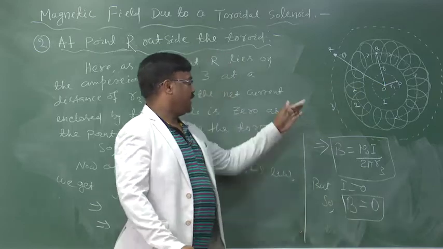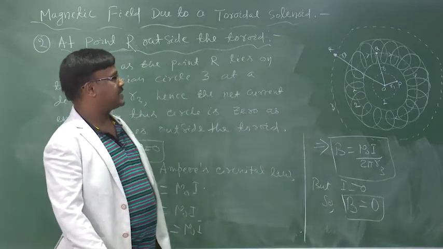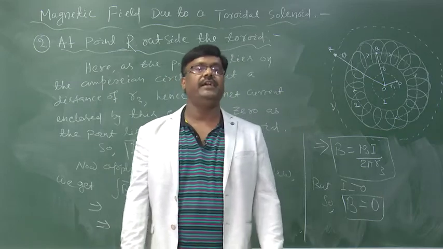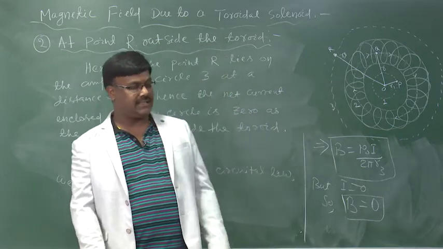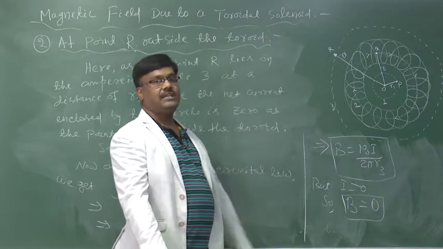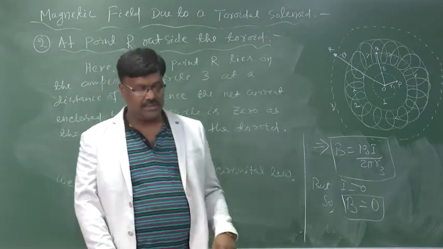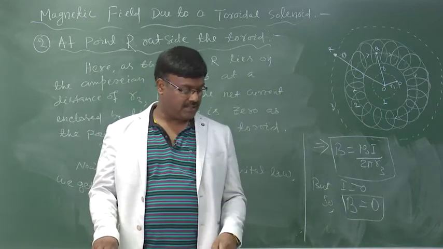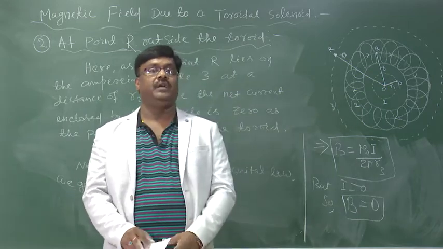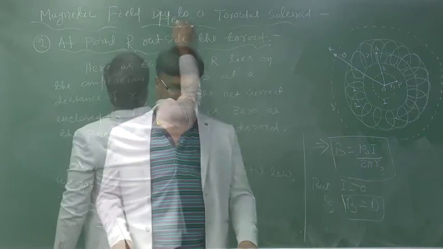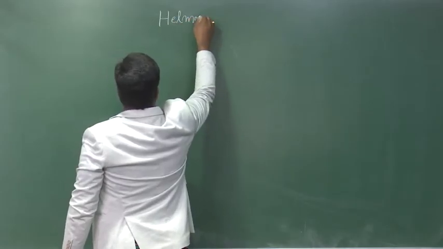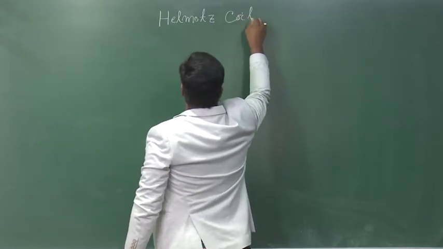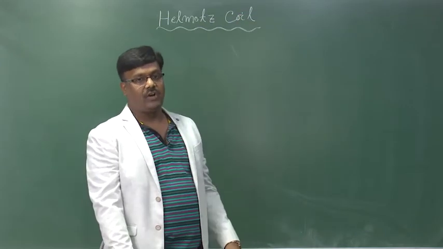So, now hereby we finish two applications of Ampere's circuital law. One is in the case of a straight solenoid and the second one is the case of a toroidal solenoid. Now, let us find the field strength at a point on the Helmholtz coil.